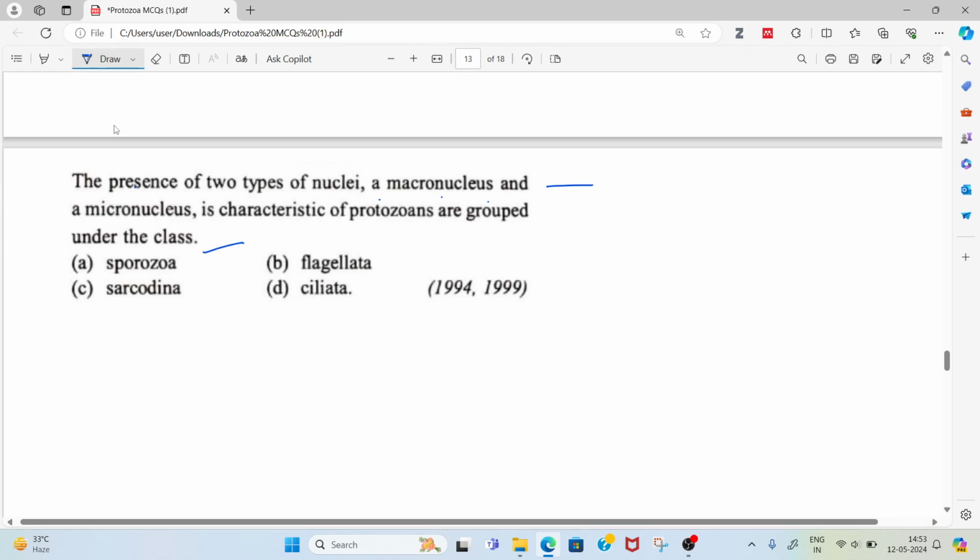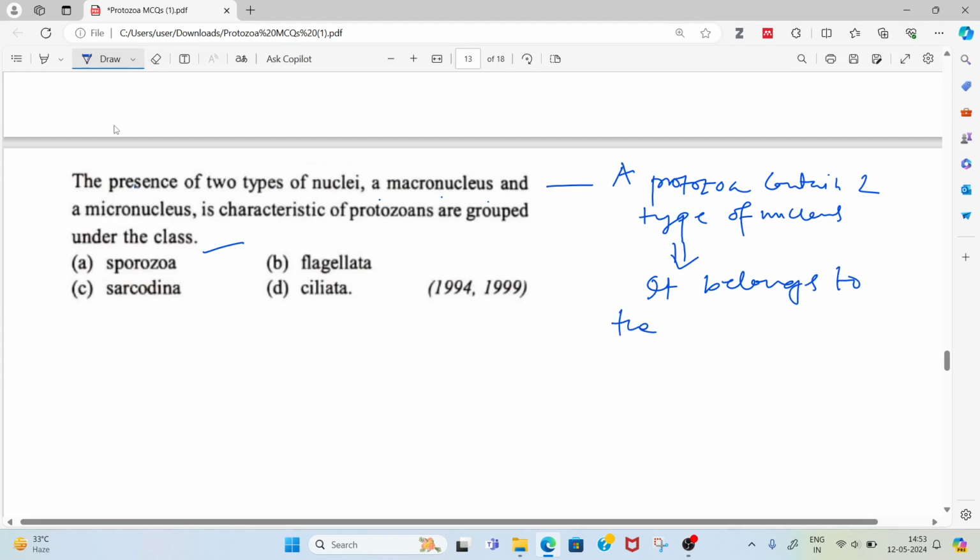So when any protozoa contains 2 types of nucleus, then it belongs to the class Ciliata.